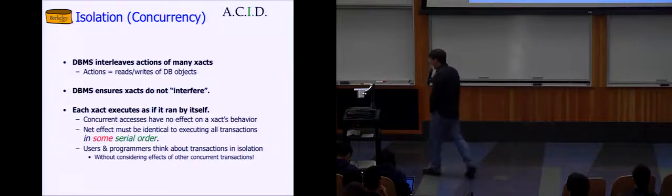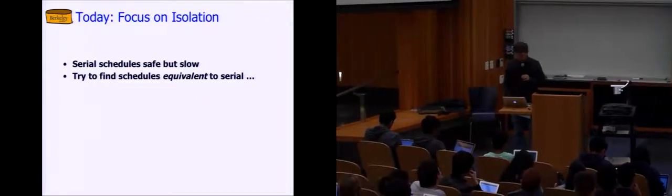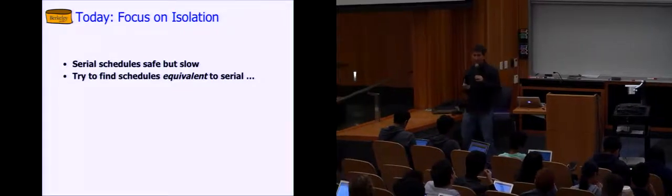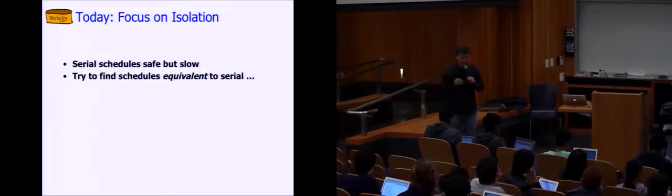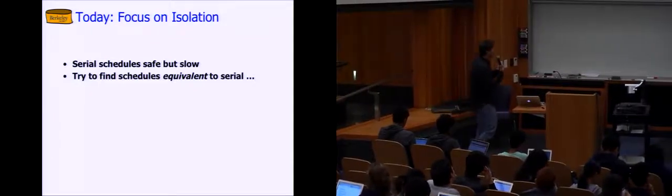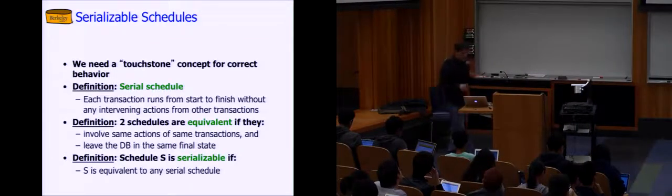We're going to ensure that they do not interfere in a specific sense. Particularly, we're going to define serial schedules, that is to say, schedules where each transaction runs in isolation, one at a time in an order, as being our touchstone of correctness. And we're going to define what schedules are equivalent to serial schedules. All right, we started this last time.